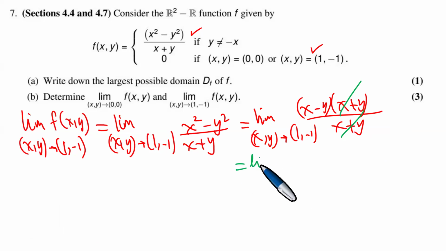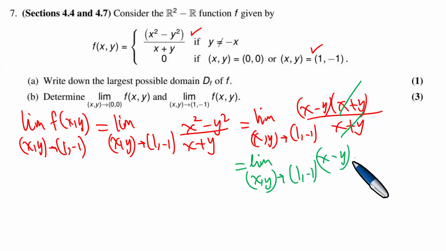So this is the limit. And this is x minus y. If you substitute here now, the x is 1. The y is minus 1, giving us exactly 2.